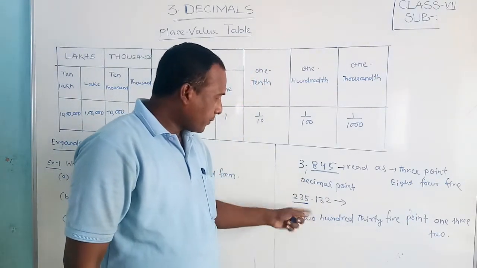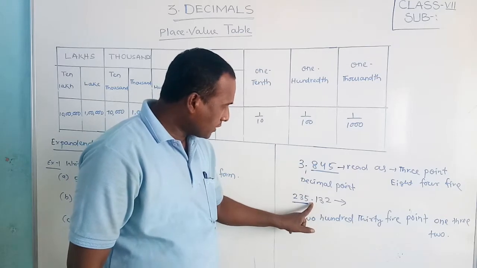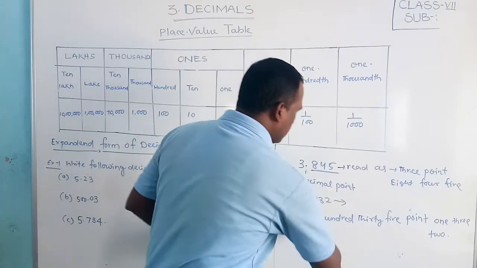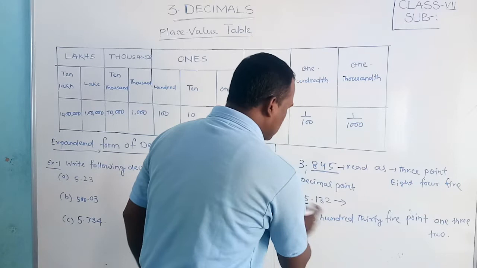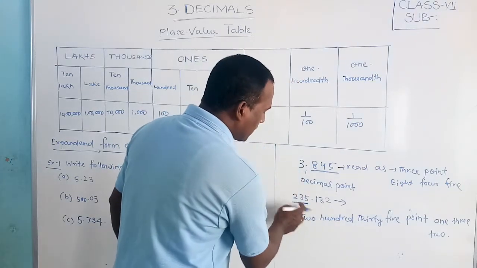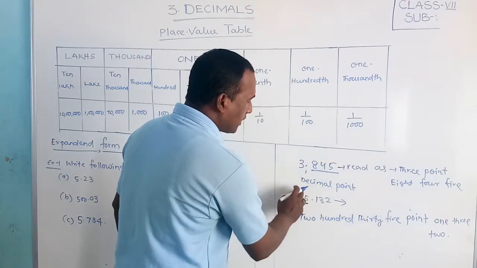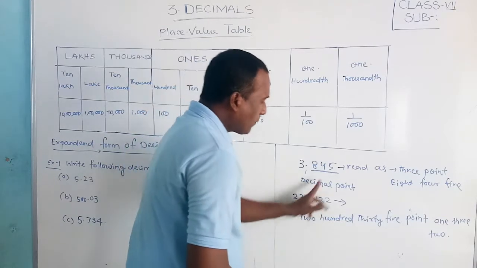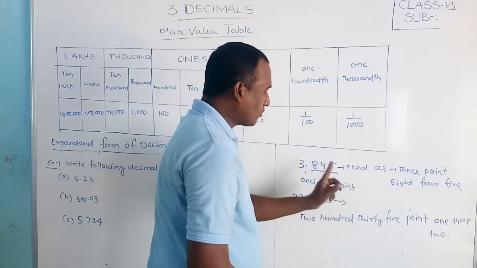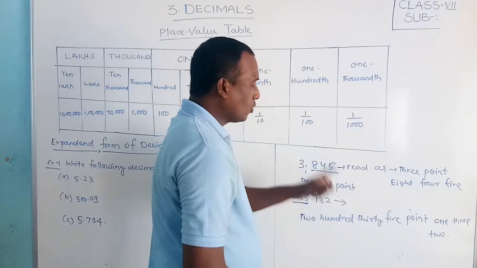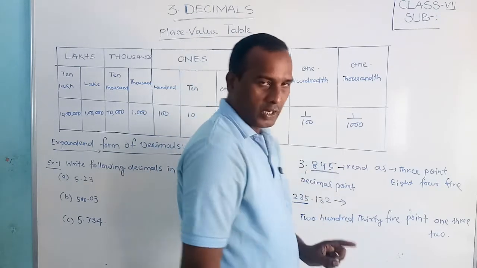This is the decimal point, the right side is the decimal part, and this is the whole number part. The whole number part you read as usual, 235, and after that all the digits of the decimal part you read one by one, 1 3 2, like 8 4 5. Are you clear?